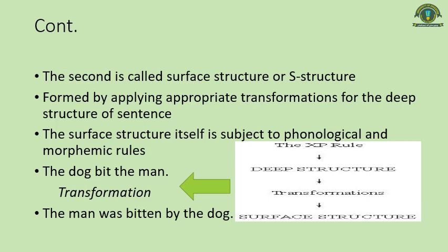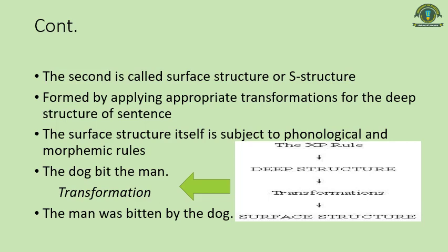The following figure may explain clearly the relationship between surface structure and deep structure. Here, first of all, the XP rule will be applied on deep structure, and after transformation we will see the surface structure.